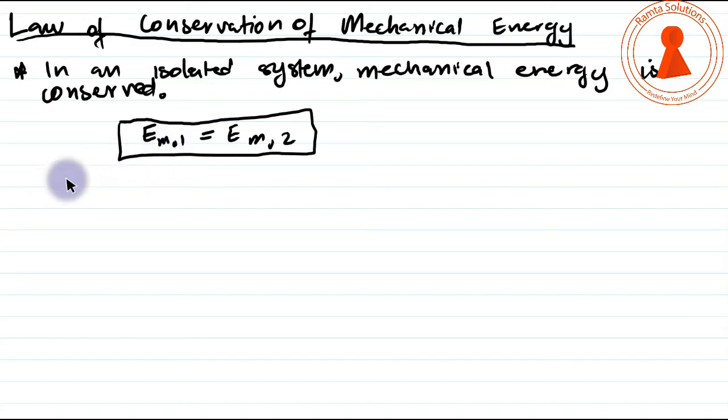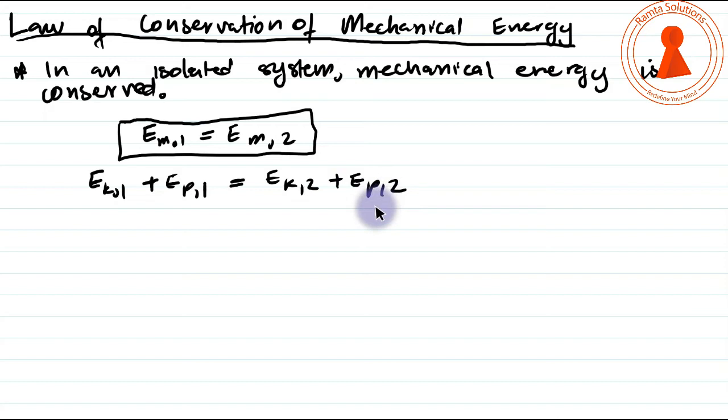So a further expansion of this, we can say it's EK1 plus EP1, which is also equal to EK2 plus EP2. By now you know that EK is half mv squared and EP is mgh.